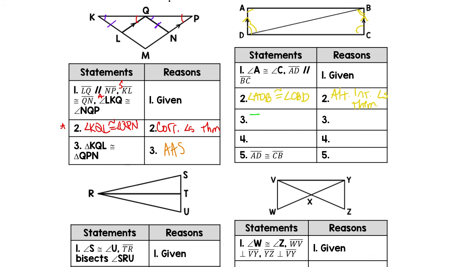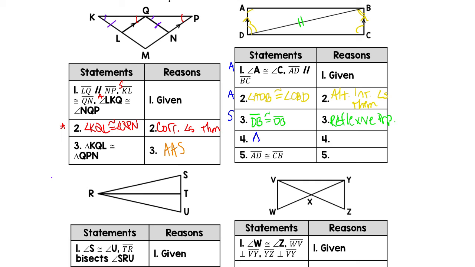Now, the one we know and love, segment DB is congruent to segment DB because of the reflexive property. So we can say that. So now we have an angle, another angle and a side that's not included.